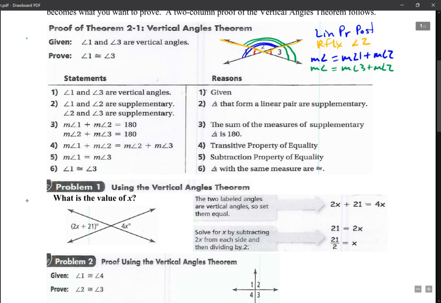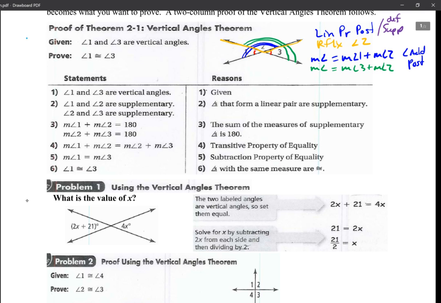And what are both of those? Well, that's just our angle addition postulate. I'm just adding those two angles together. So I've set up all of this, and with the linear pair postulate, we know that that goes along with things being supplementary. So we might use our definition of supplementary.